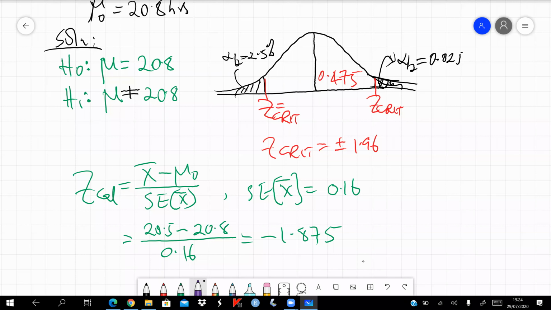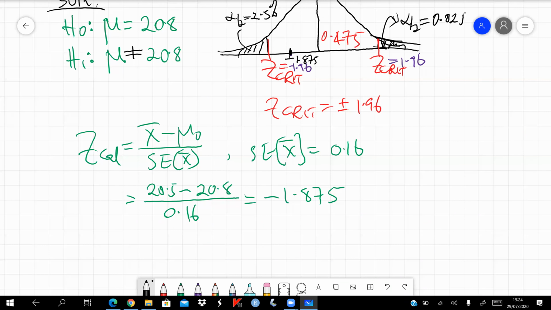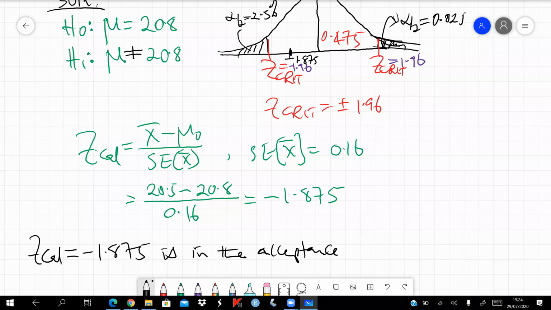In our case, this is minus 1.96 and this is 1.96, so this value is here. Minus 1.875 is somewhere in the acceptance region. So that's the first thing you record. You say that Z cal, minus 1.875, is in the acceptance region.